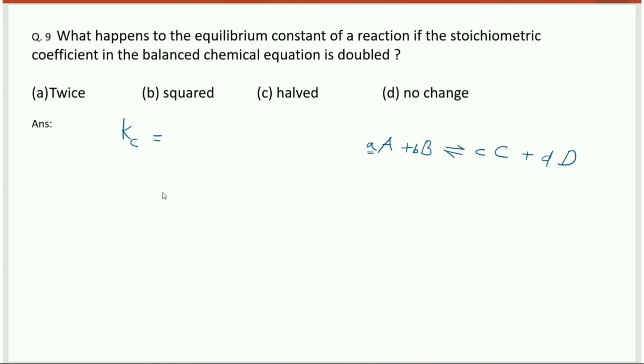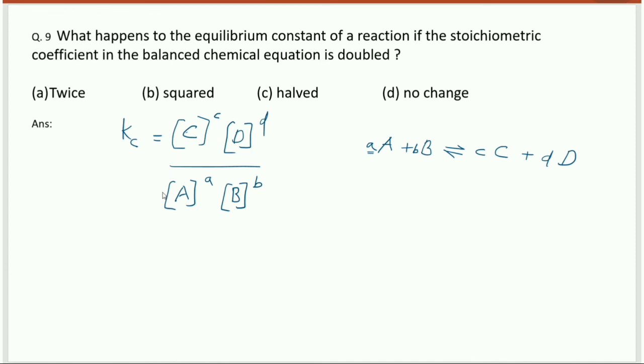So the equilibrium constant Kc is equal to the concentration of C raised to c, D raised to d, divided by A raised to a and B raised to b. So here C raised to c, D raised to d, A raised to a, B raised to b.